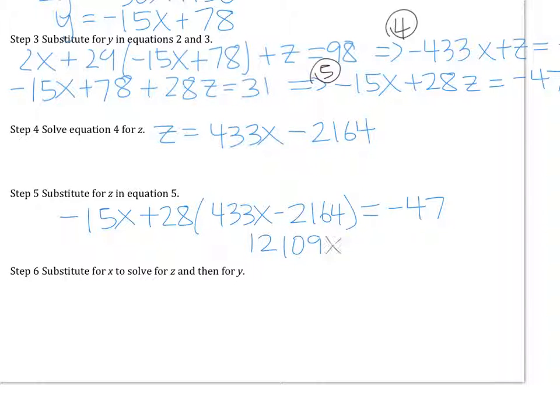I'll give you some shortcuts here. Then I can substitute that in. My rearranged equation 4.